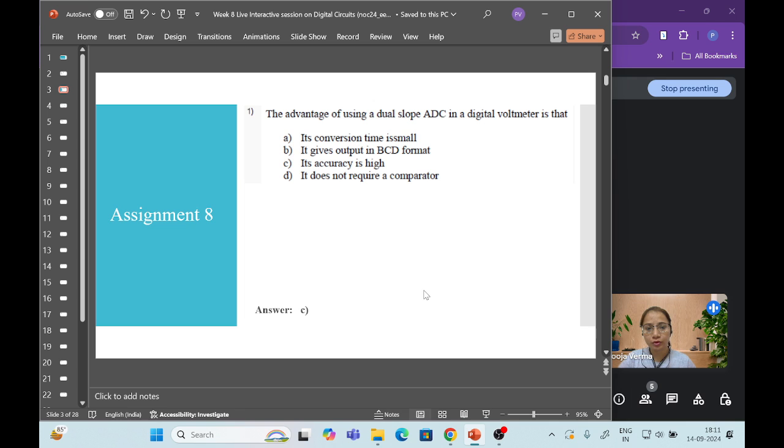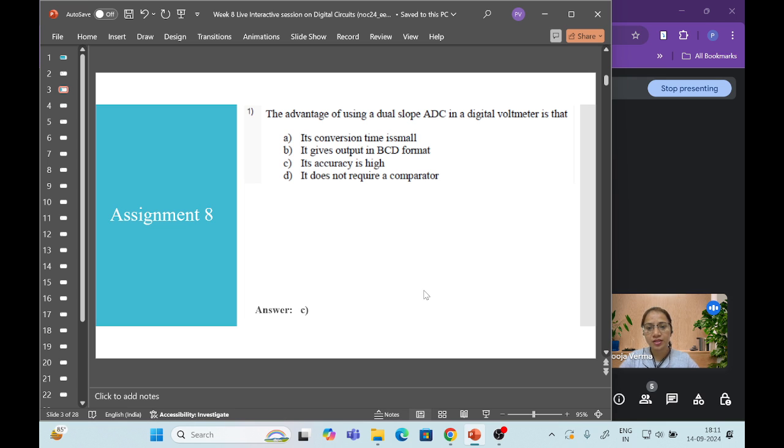Option C is the correct answer. Its accuracy is high. Dual slope ADCs are the most accurate type of analog to digital converters because they are not affected by variations in component values caused by noise.